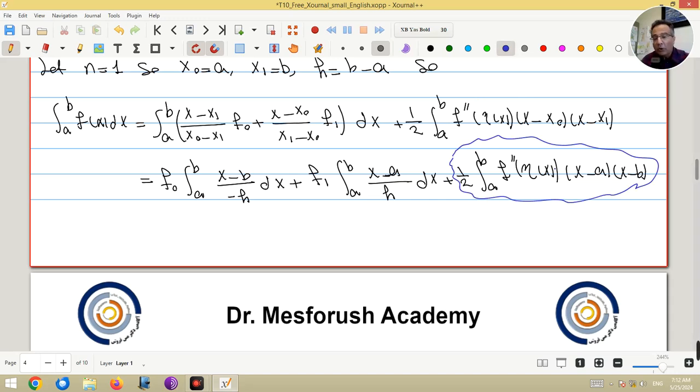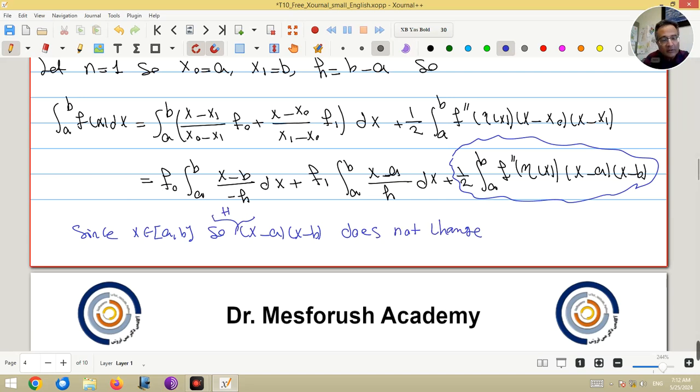In this term, since x belongs to the interval a and b, the sign of x minus a times x minus b does not change in the interval a and b.